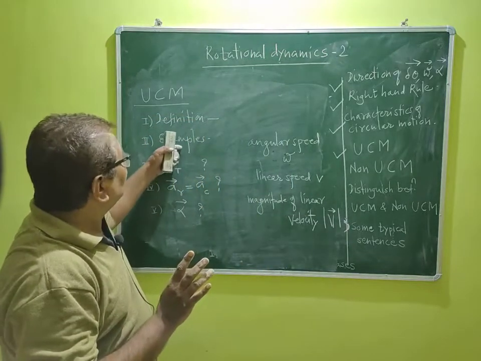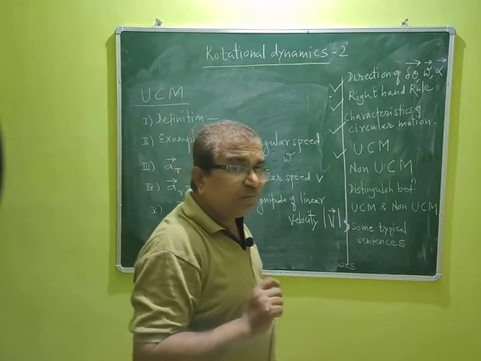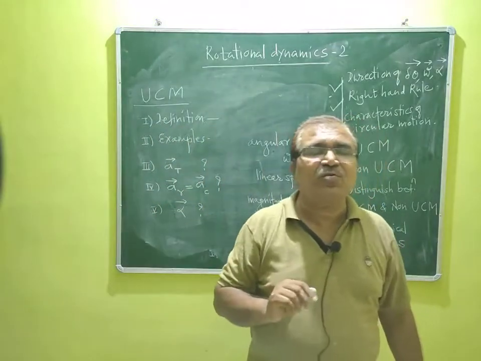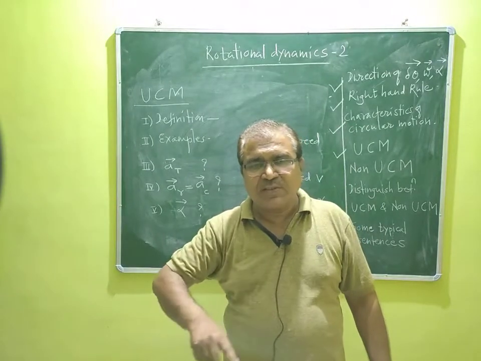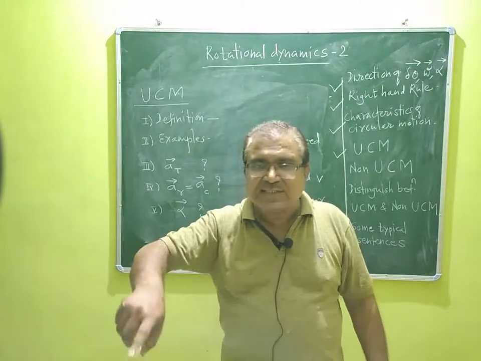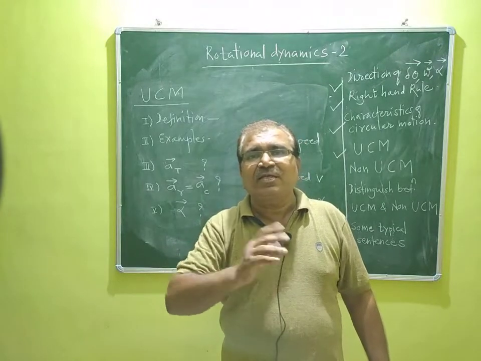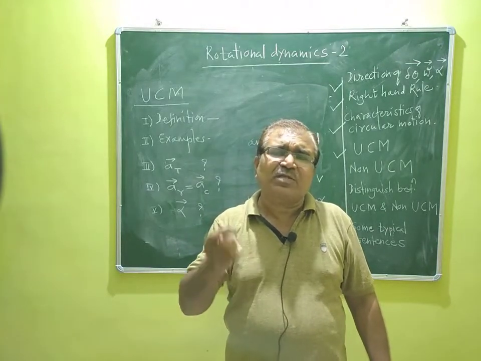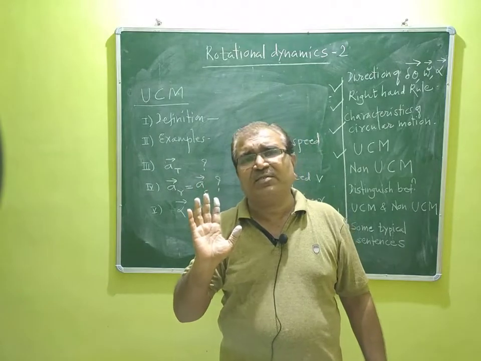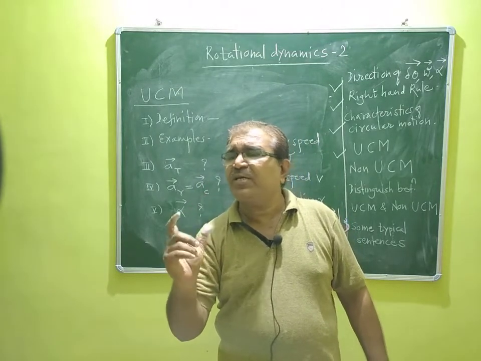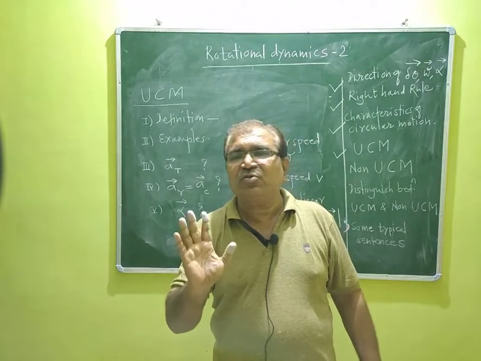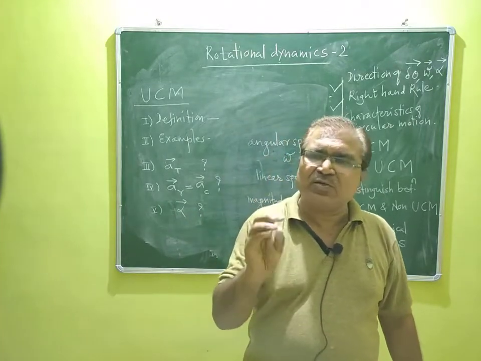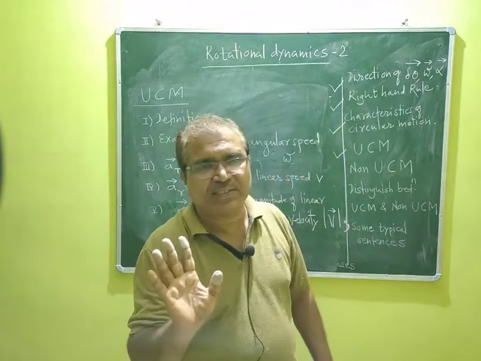Then we will discuss the examples of uniform circular motion. Rotation of the earth around the sun is uniform circular motion. Angular speed remains constant. Spinning of the earth about itself is also uniform circular motion because angular speed remains constant.